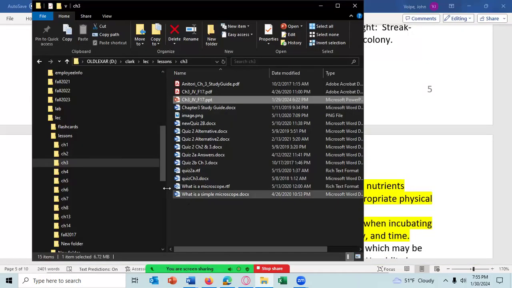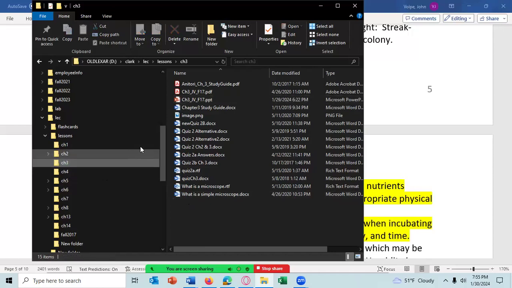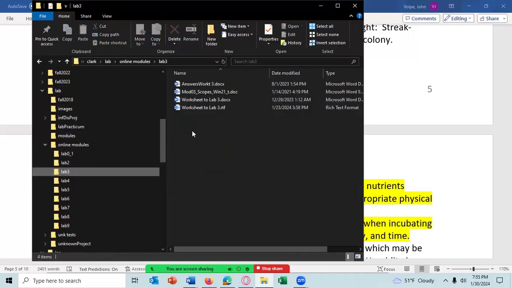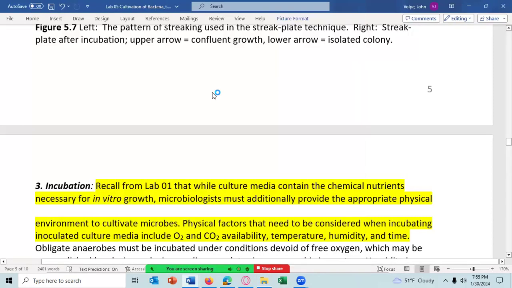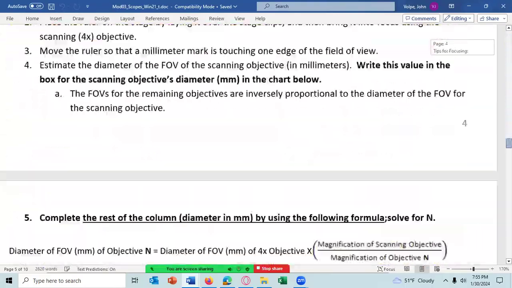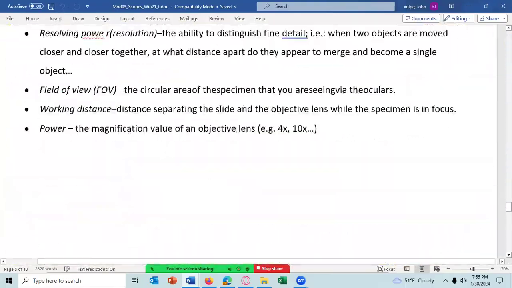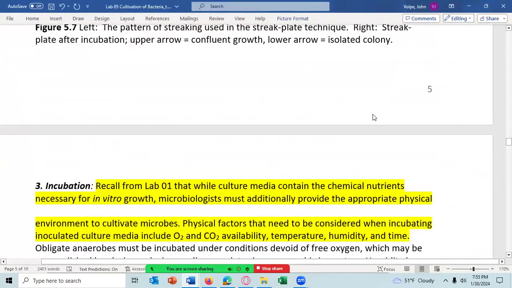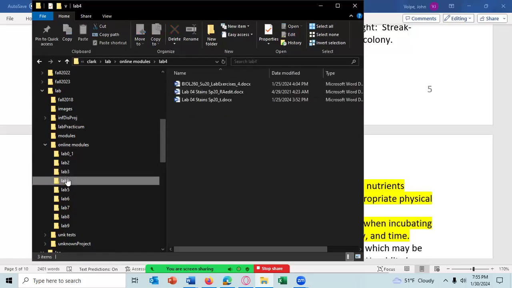I'm just trying to get a plate showing you colony streaking. Yep, that's the lecture. I don't want the lecture. I don't think it's in here. I wonder if I did something by mistake and got that fouled up now.